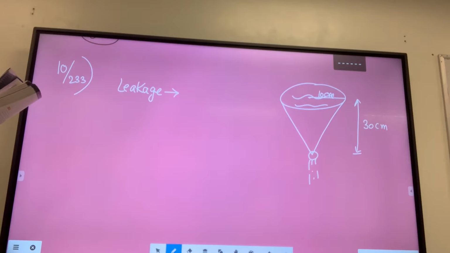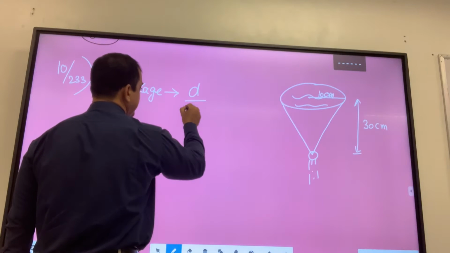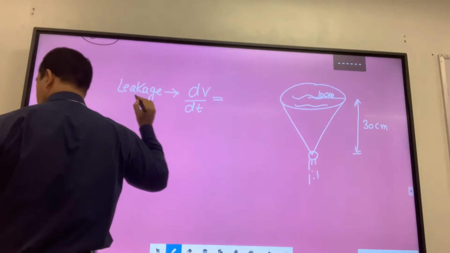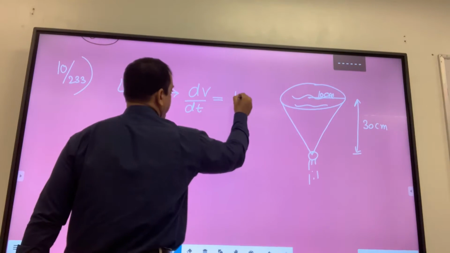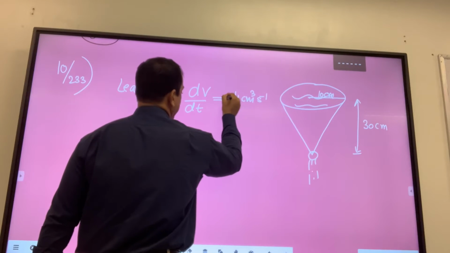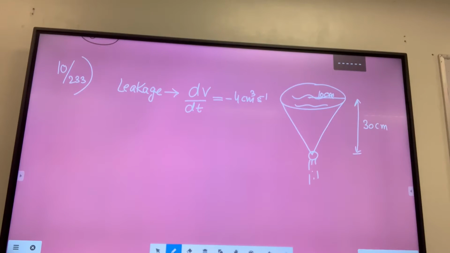The rate of leakage is 4 centimeter cube per second. So this is nothing but the derivative with respect to time of the volume. This is 4 centimeter cube per second. I put a minus sign because volume is reducing, right?